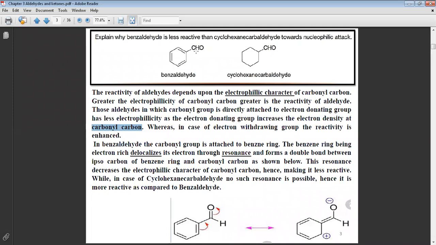Less electron density. I said withdrawing, but it is the other, donating. Okay, so look, if you have two parts, this part and this part, if this part is withdrawing, that means already this is donating.